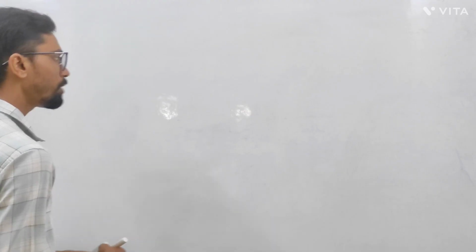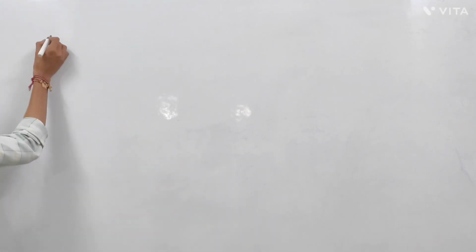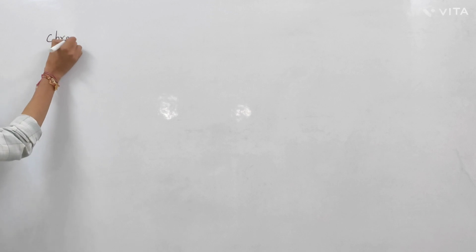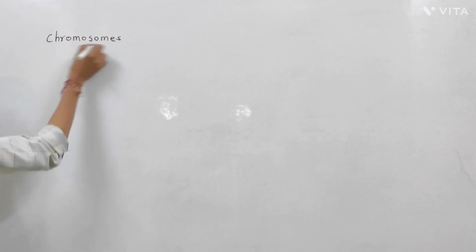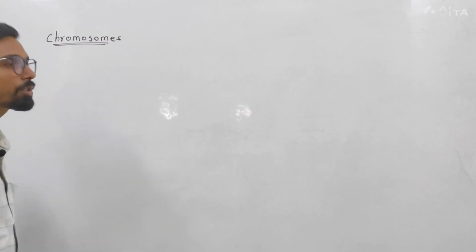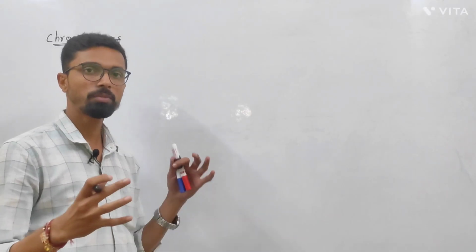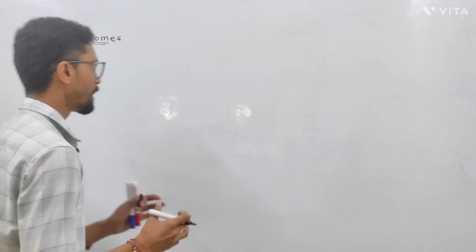As we all know, what is the meaning of chromosomes? First, we'll start with the chromosomes only. We all know that chromosomes are a condensed form of chromatin and DNA.